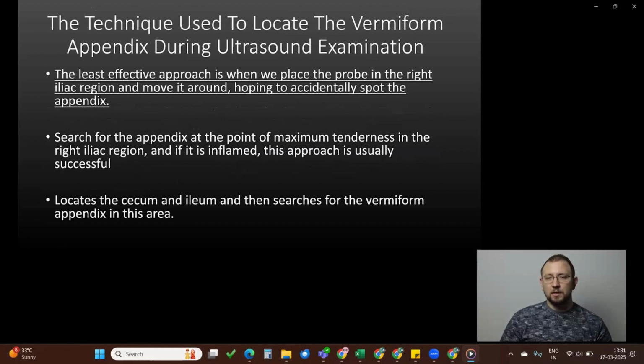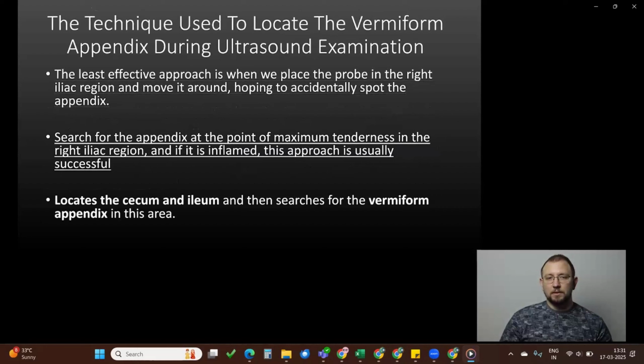Many doctors search for the appendix at the point of maximum tenderness in the right iliac region, and if it's inflamed, this approach is usually successful. However, our main goal is to rule out appendicitis, which means we need to find a normal appendix.